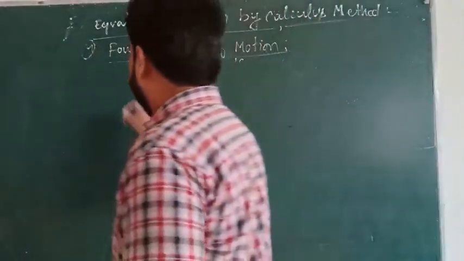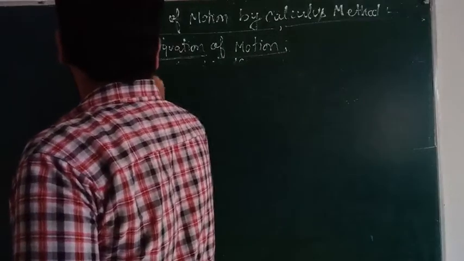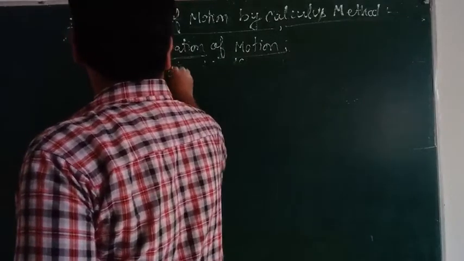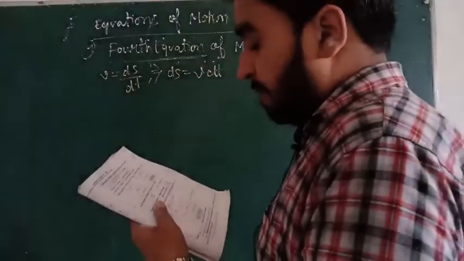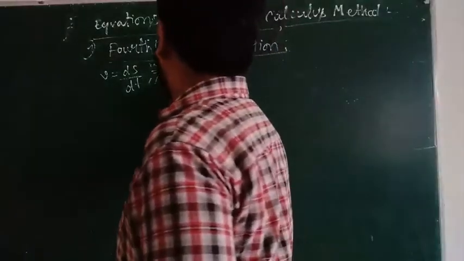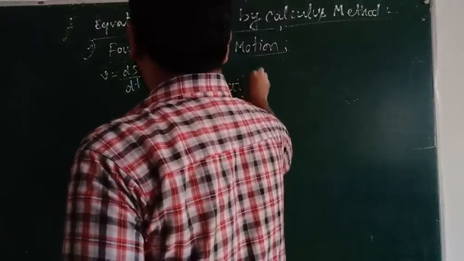So velocity is again ds upon dt. Again we should calculate the value of ds. ds is equal to v dt, and again in place of v we can write u plus at, dt.